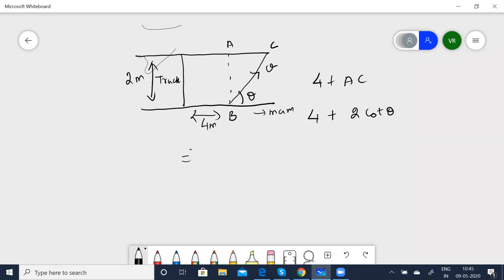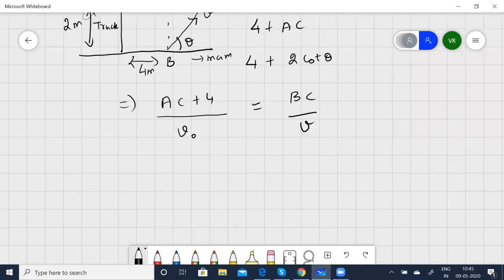So that gives you (AC plus 4) divided by V0, which is equal to VC by V. Now equate both and solve it.